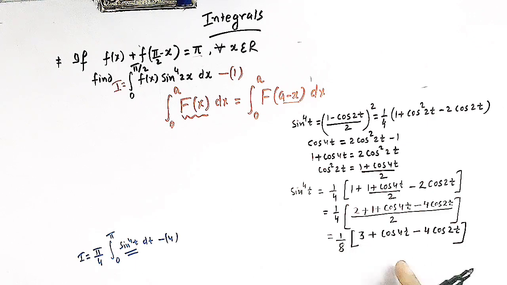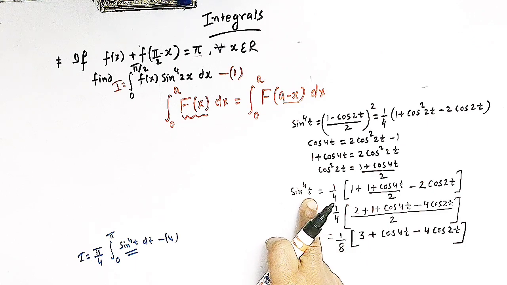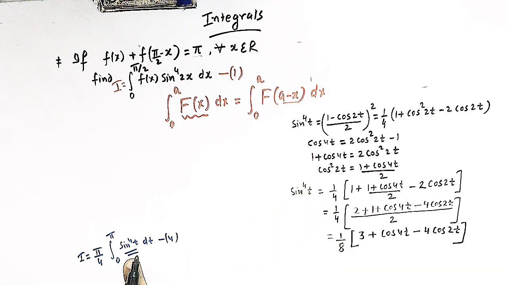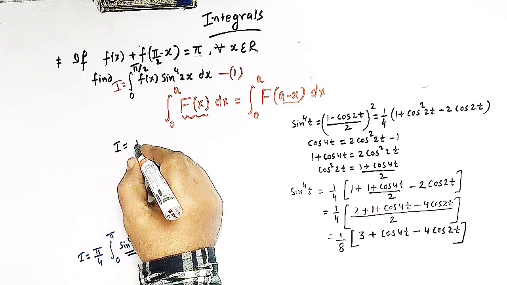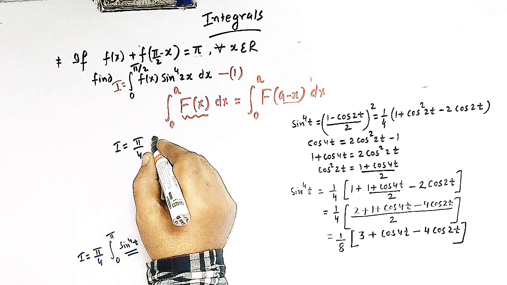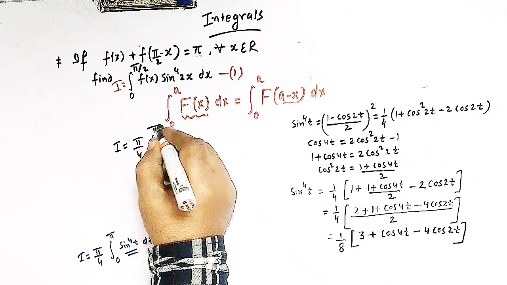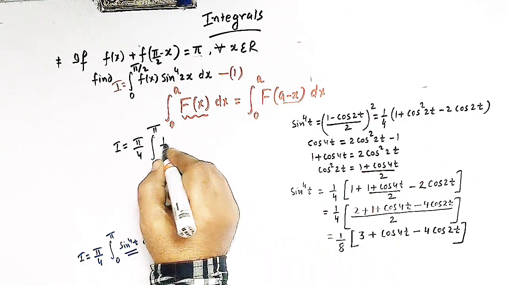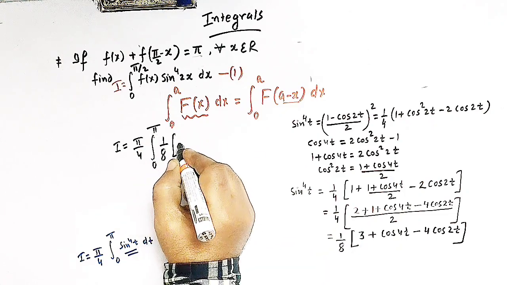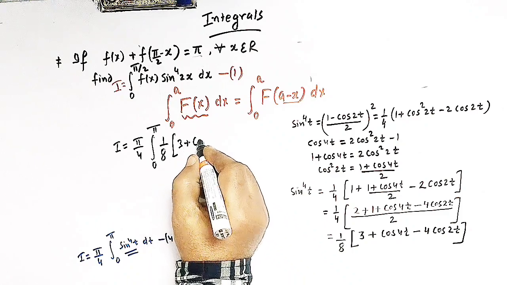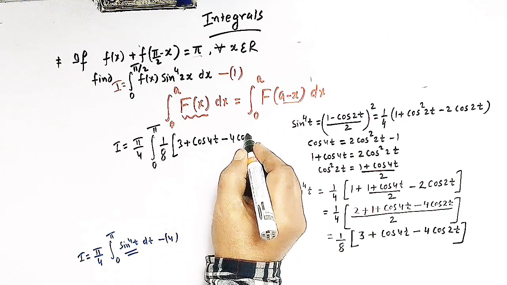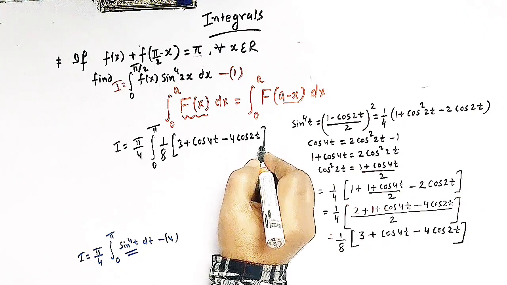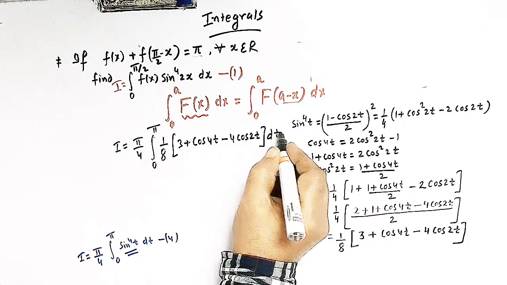And now let us substitute the value of sine t raised to 4 in this integral. So we can now write I is equal to pi by 4, and we have 0 to pi, and then we have 1 over 8, and 3 plus cos 4t minus 4 cos 2t, and here we have dt.